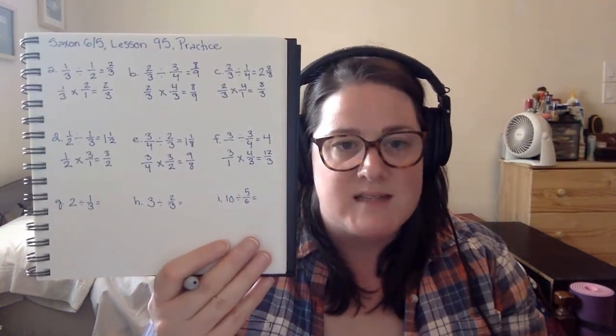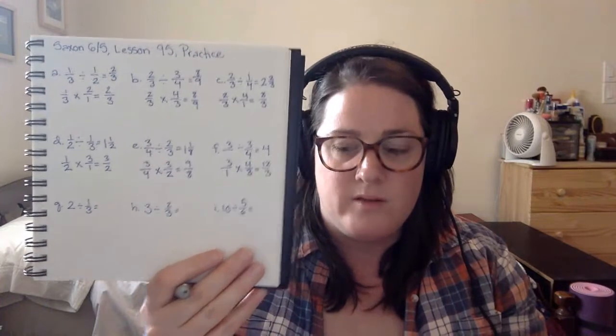Question G is asking 2 divided by 1/3. So my first number is the whole number 2, which is the same as the fraction 2 over 1. My division symbol becomes multiplication. 1/3, we're going to use the reciprocal, 3 over 1.